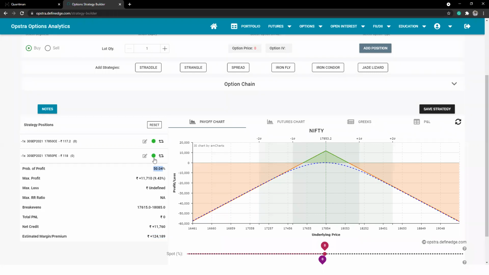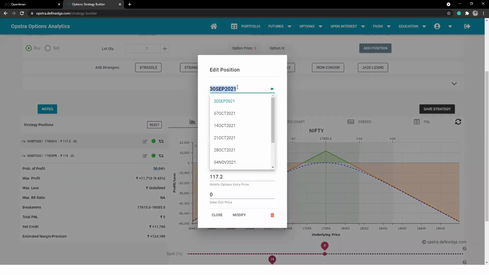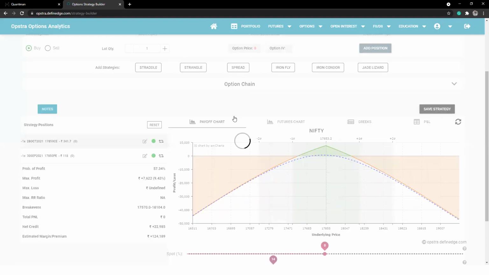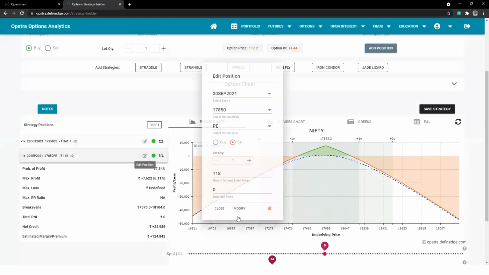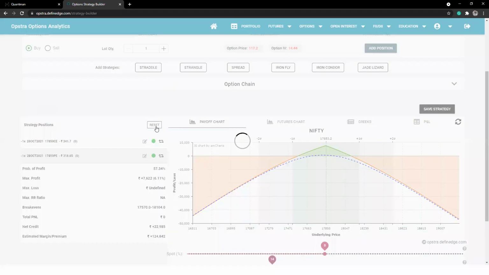Or maybe what if I change the expiry to next month, maybe October? Will my win rate increase? So let's say I'll go to 28th October instead of the current week. I'll go to the October series. Oops, I have to reset everything.